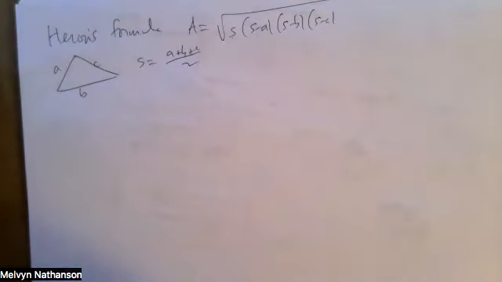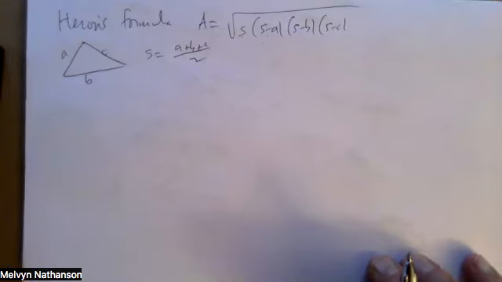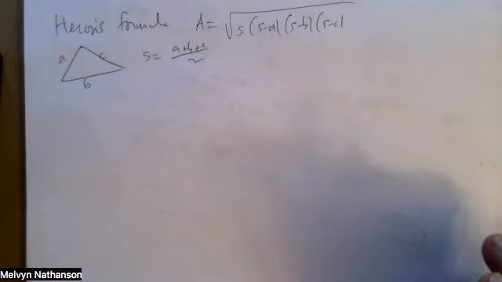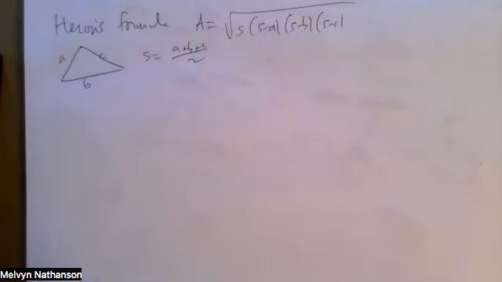So the product is the same. So these simple necessary conditions for the correctness of the formula are certainly satisfied. So this is Heron's formula.